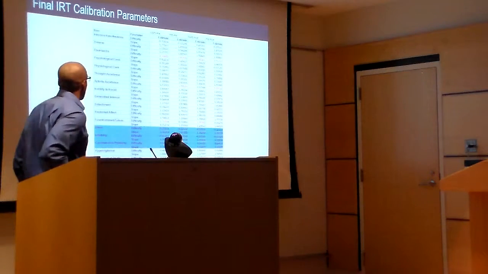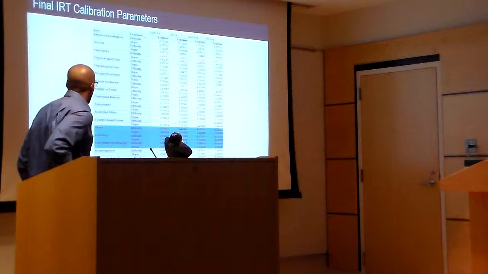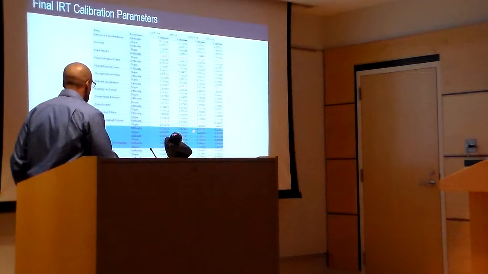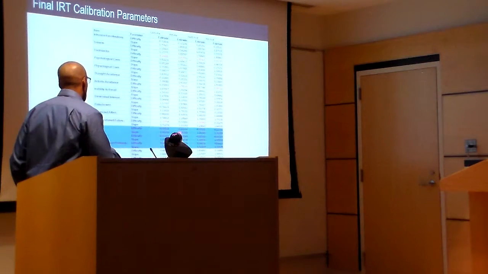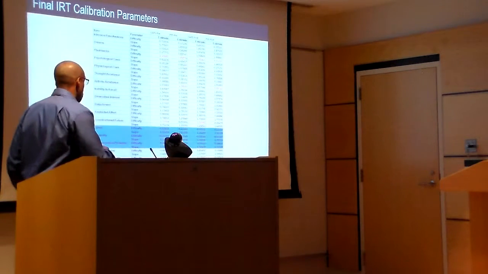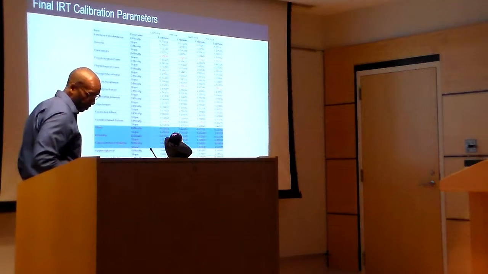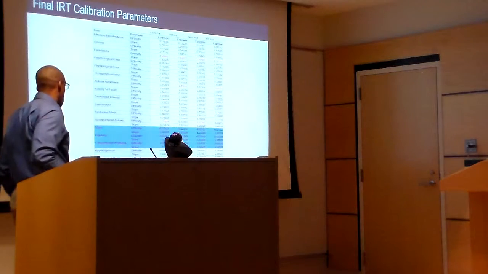Those are the item parameters from the IRT that correspond to the final model. And just in blue, you see difficulty and slopes are constrained to be exactly the same for sleep, irritability, and concentration problems.